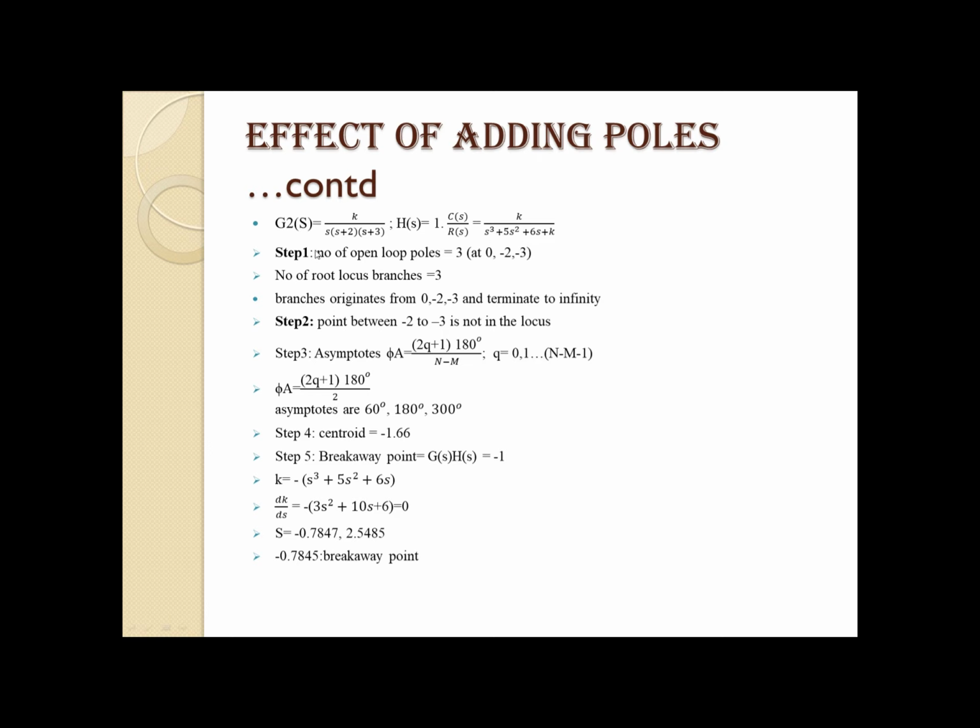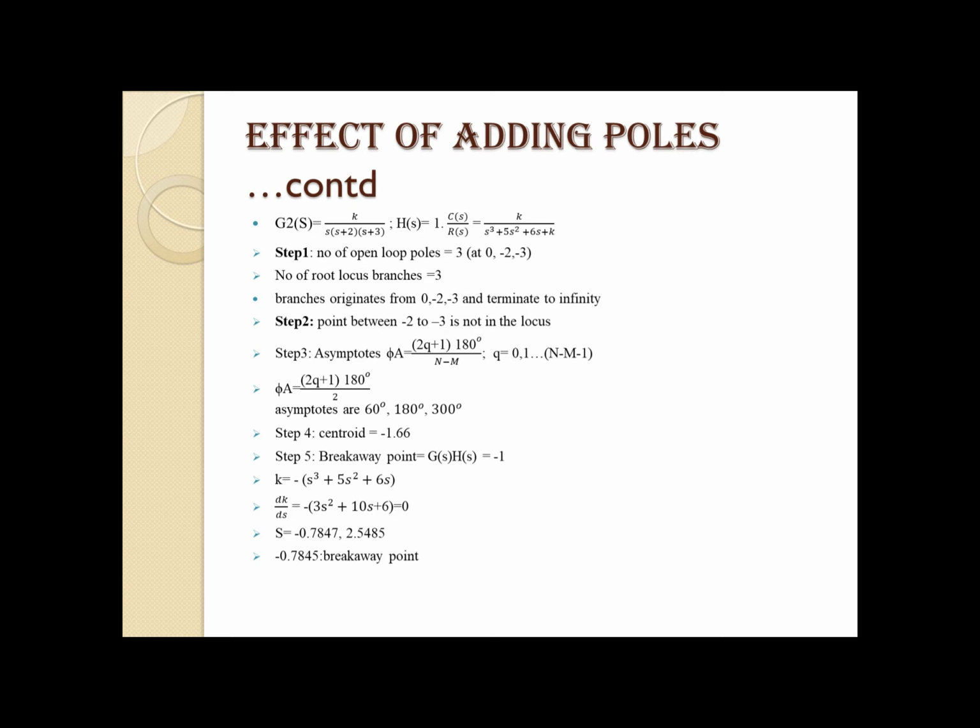Here the number of poles is equal to 3, and the pole locations are 0, minus 2 and minus 3. That means the root locus has a total of 3 branches, and all the branches will originate from the pole locations and terminate at infinity, as in this system there is no zero.